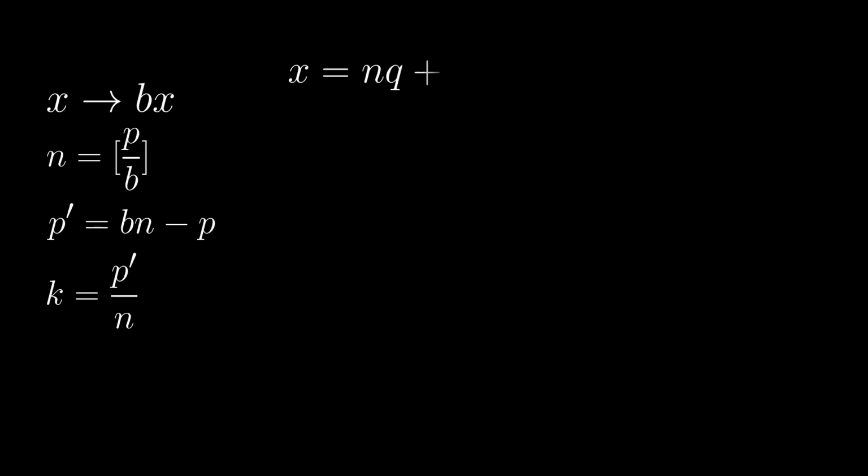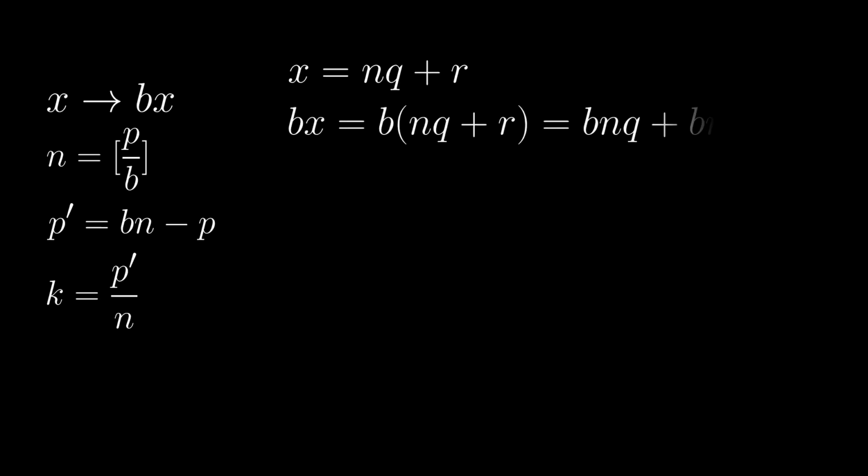Now, take any label x. Instead of thinking of x as a single number, using the Euclidean algorithm, I split it into x equals n times quotient, nq, plus r, where r is between 0 and n. Now, I look at where x goes under the times table map. We have bx equal to b times nq plus r, which is bnq plus br.